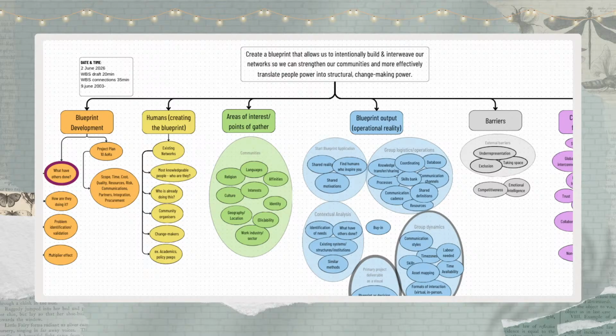So then you could use the questions, or it could be a line of, okay, we are going to see what others have done, how are they doing it in the area of identity, right? Or who are they in our local community that is gathering as an identity community or as a disability community or any affinity.